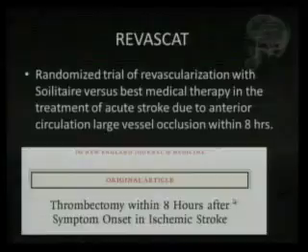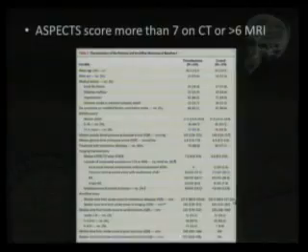And lastly, Revascat. They use again vessel occlusion within 8 hours. So some of them push that time limit a little bit further, but they use some advanced imaging to assess these patients.